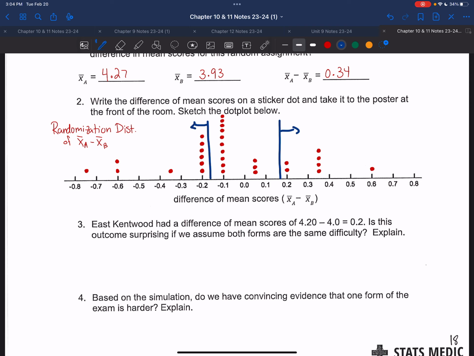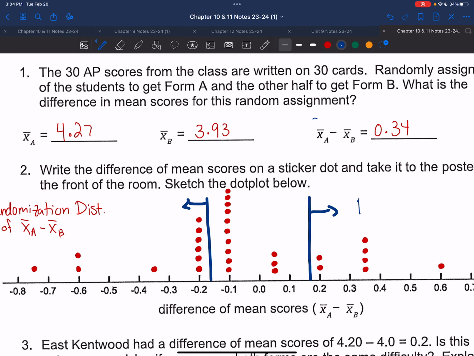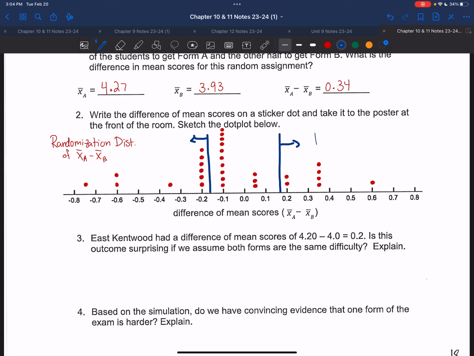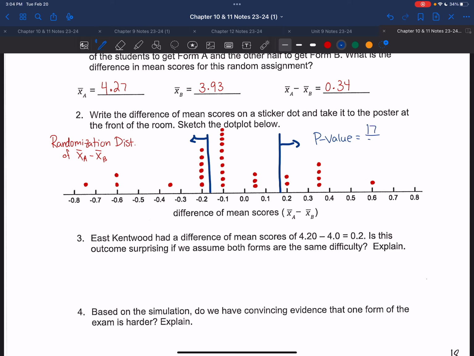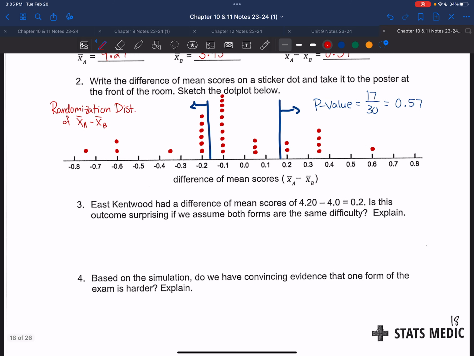So if we count up all of these dots, we're going to have a p-value. You're going to find a p-value of 17 out of 30 total, which is the same thing as 0.57. So is it surprising?